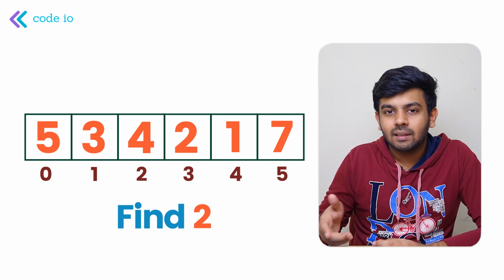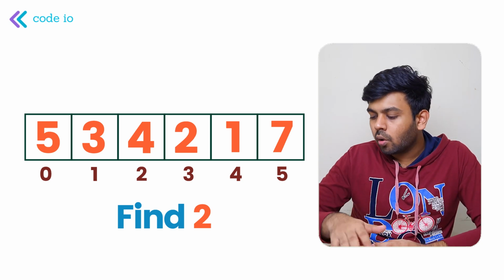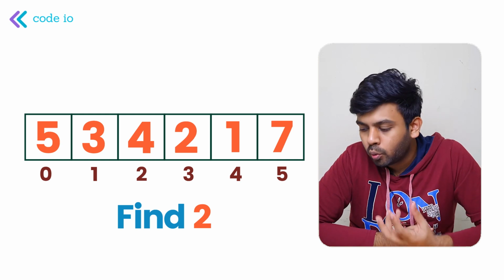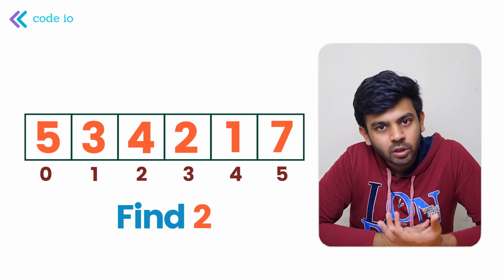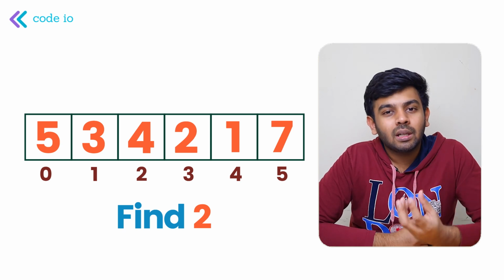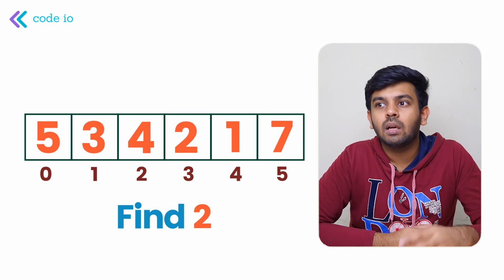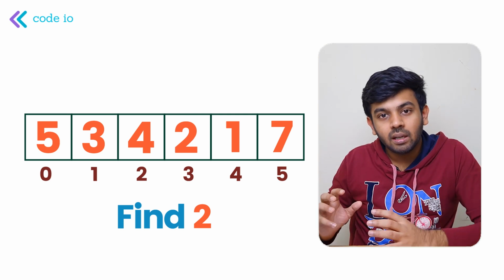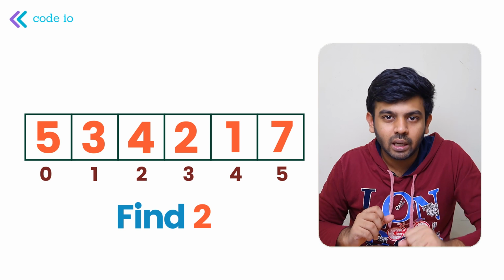I'll tell you why this is in a minute. So you are supposed to find the value 2 in this array. You are going to check if 2 is present in this array. If it is present, you are going to return the position of it, or rather the index at which the element 2 is present.